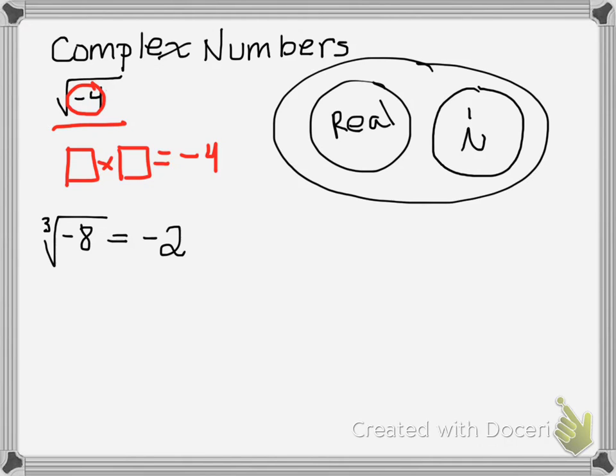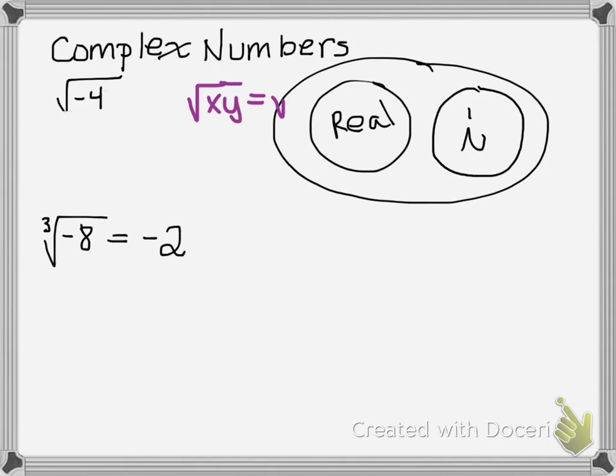So the square root is saying, what number times what number is equal to a negative number? And we have not been answering that. Well, what we're going to do is go back to the property of radicals that I keep coming back to with my students, and that is that the square root of xy is equal to the square root of x times the square root of y.